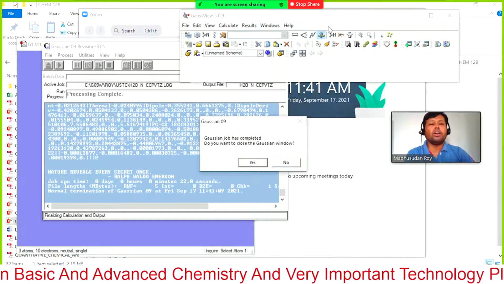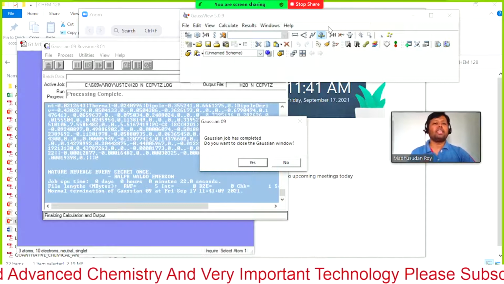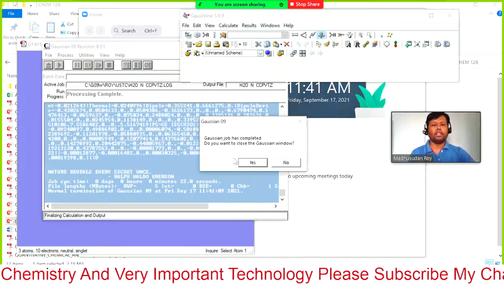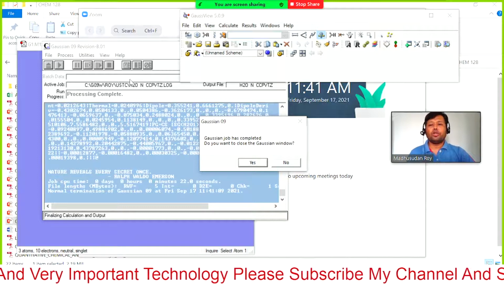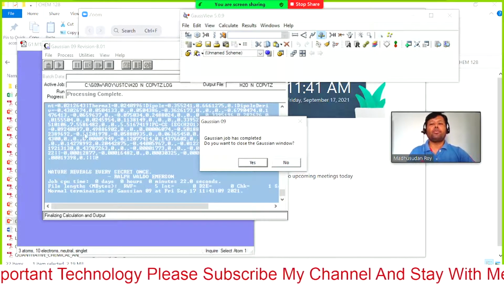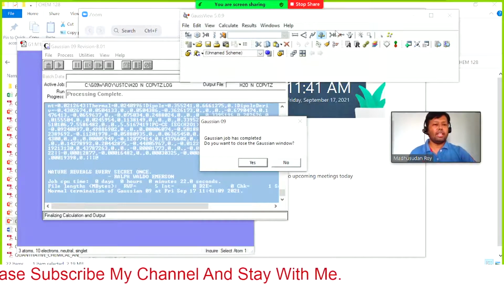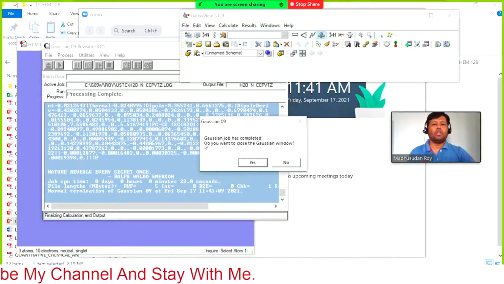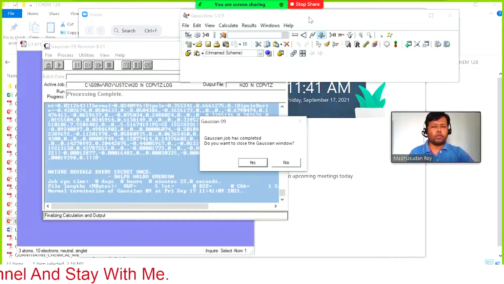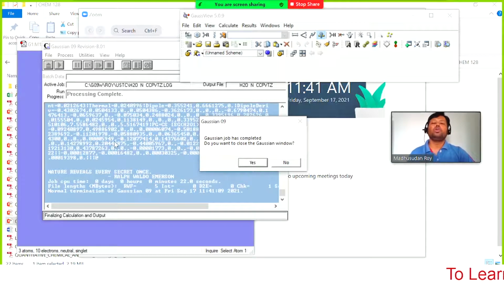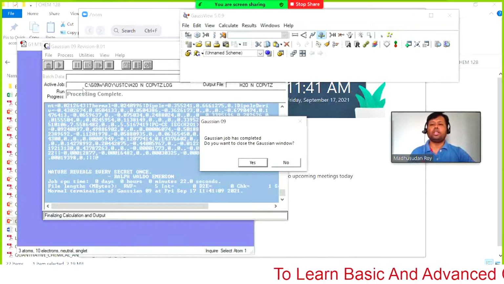This is for watching or seeing the file, whatever we are doing, but actually Gaussian is our main program. I have set up two different programs. This is to visualize and this is to perform. So when we give a command, automatically it goes to this program, or even we can use this one directly, but to visualize, you cannot see the molecule using this program.